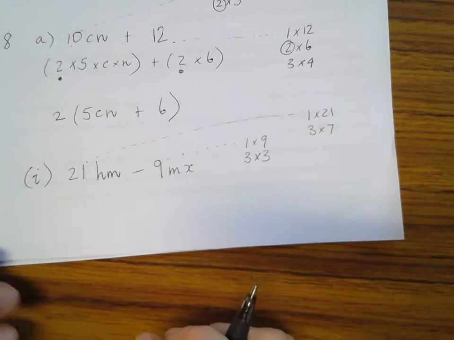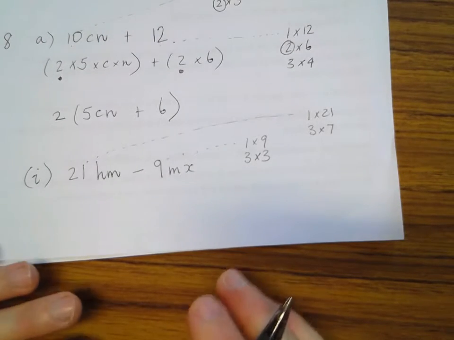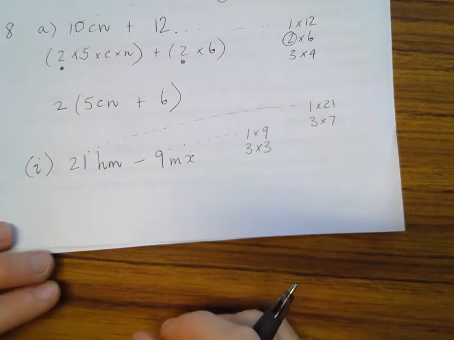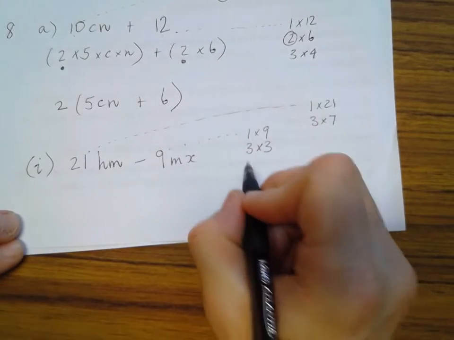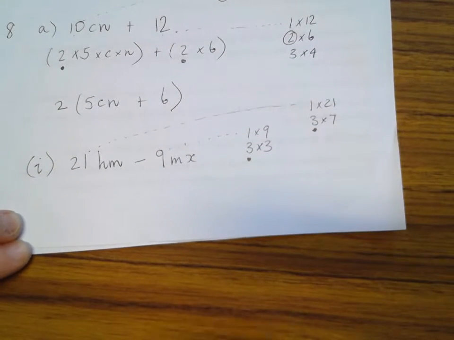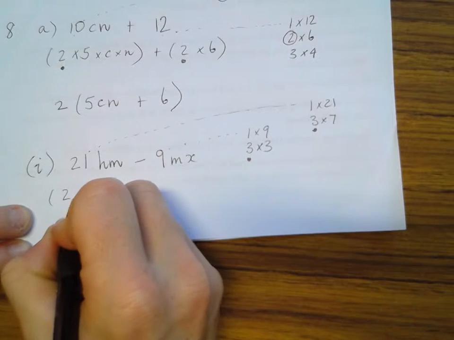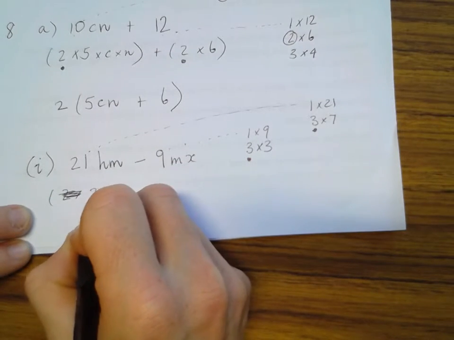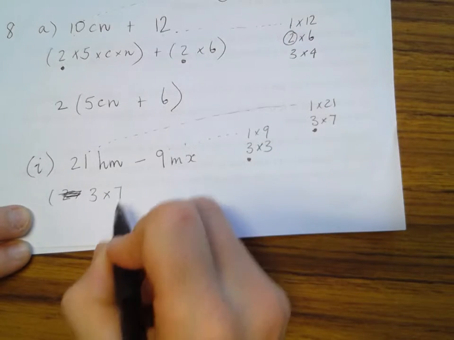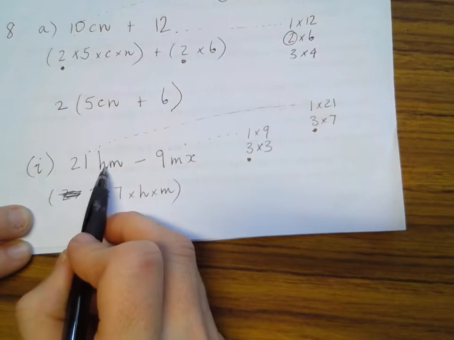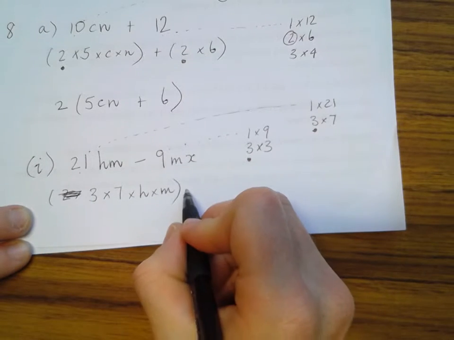So factorising is going to challenge those people who may not be particularly strong with their times tables. So maybe writing your times tables down can help you visualise the highest common factor. Okay, so it's 3. So let's run with 21 equalling 3 times 7 times h times m. So we've broken this down into 3 times 7 times h times m.